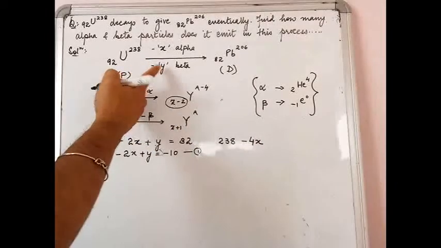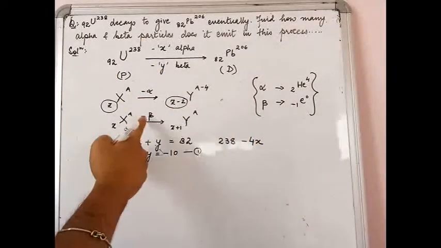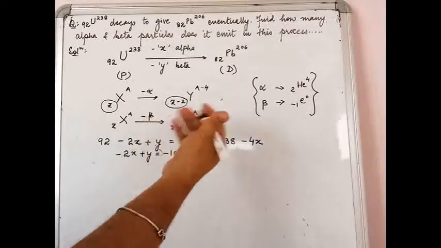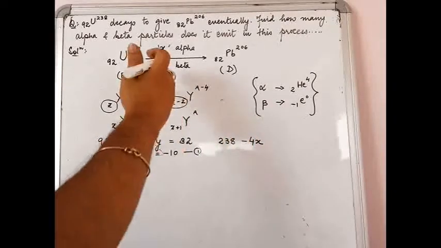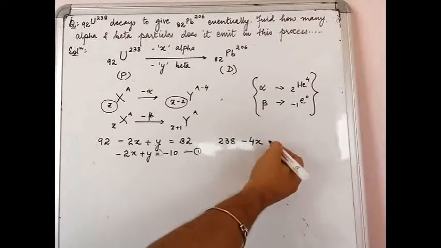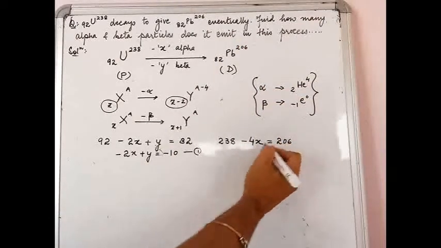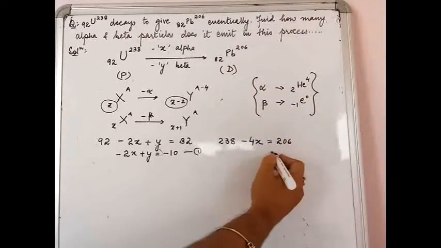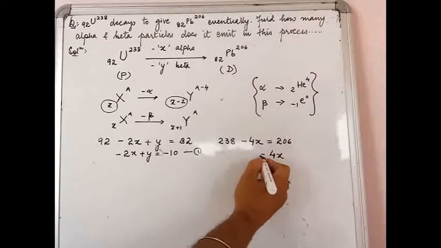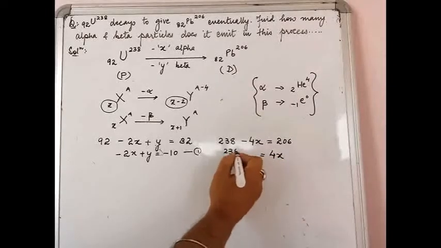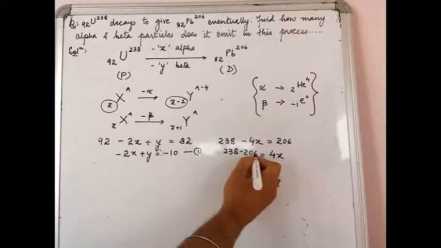Similarly, when one beta goes out, there is no effect on atomic mass. So y beta will also have no effect. Essentially we don't have to do anything over here. Equal to 206. So that means 4x can go to that side. You will have 4x equal to 238 minus 206.